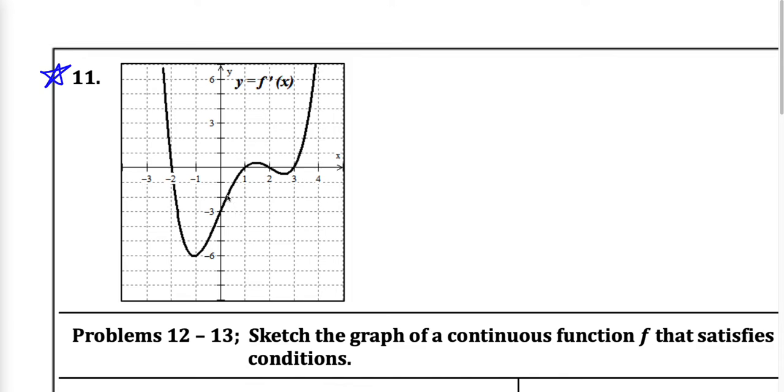Yep, so that's perfect. Because this graph represents the slopes already, this is a critical number, this is a critical number, because this is where the slopes are 0. f prime is equal to 0. So these are critical numbers.